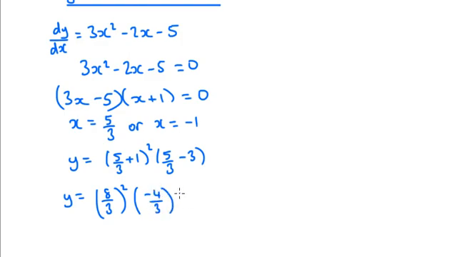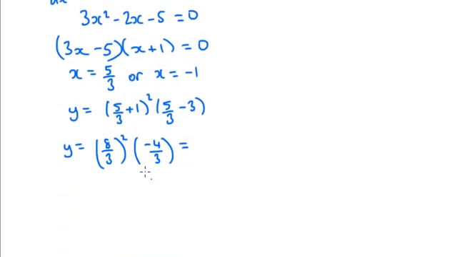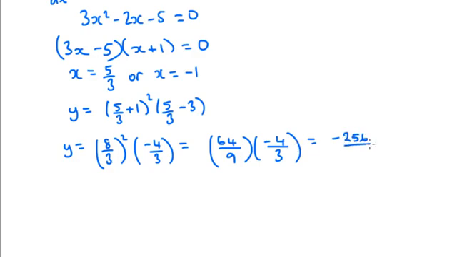So we're going to have a negative number, which we're expecting. It's a negative y value. So that's going to be 64/9 times by -4 over 3. 64 times 2 is 128, times 2 again is 256, and that's going to be over 27.